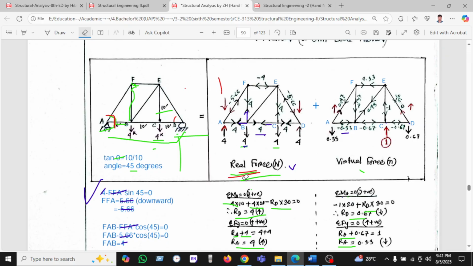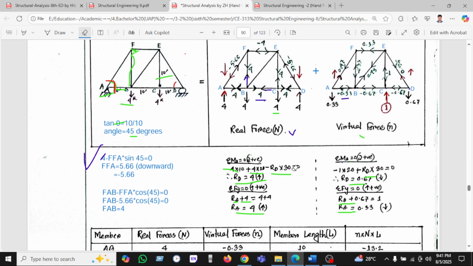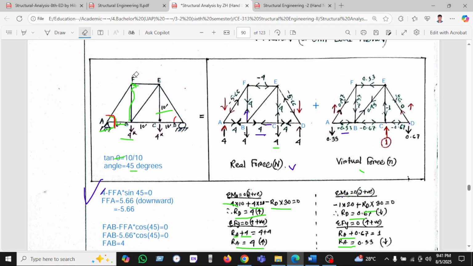Okay, so now I'm going to the main topic, as we have found all the forces in the members.